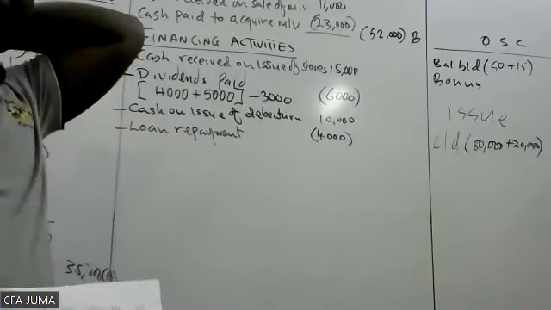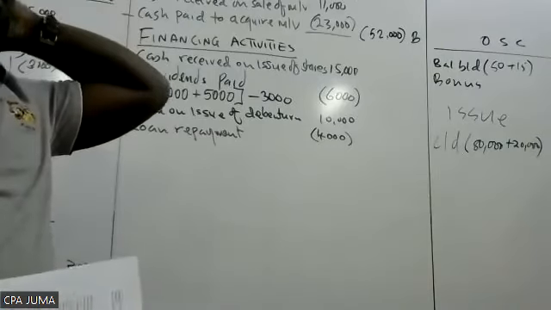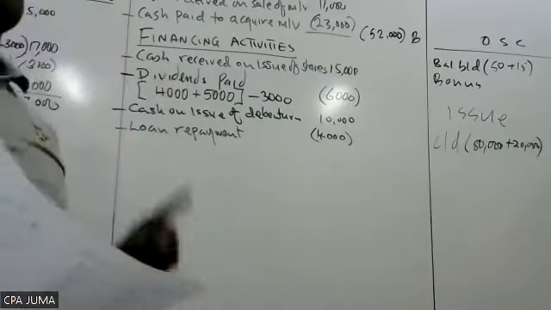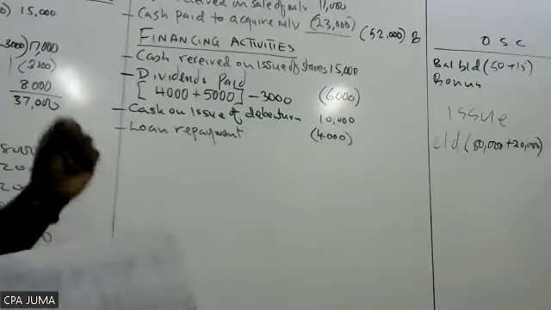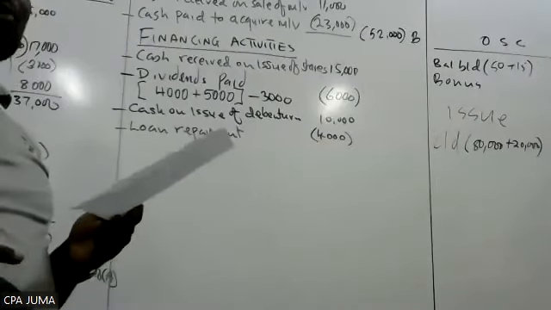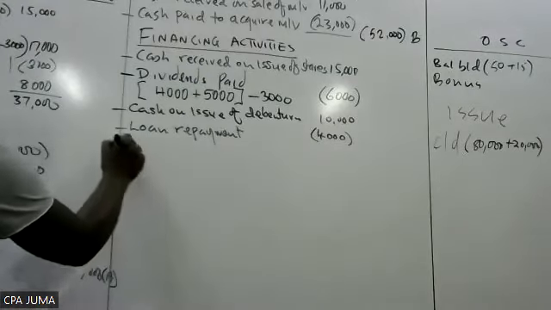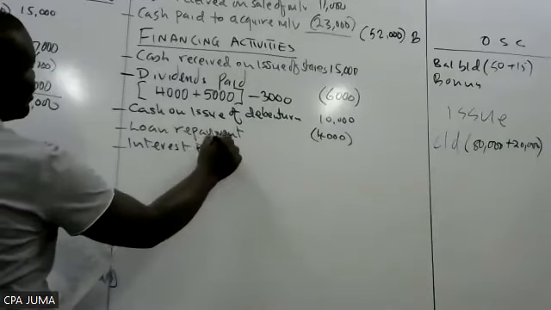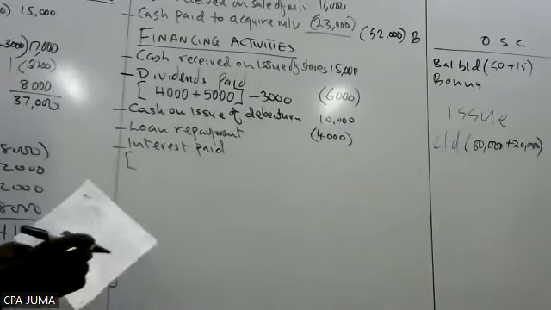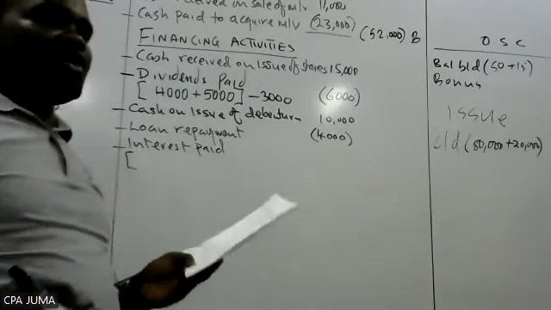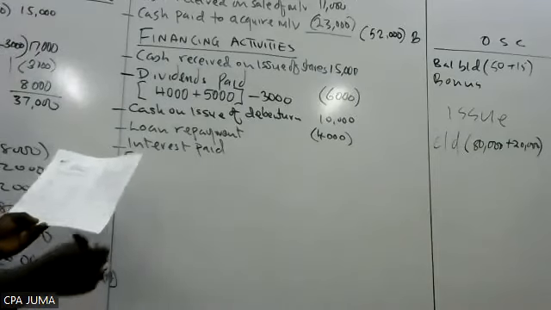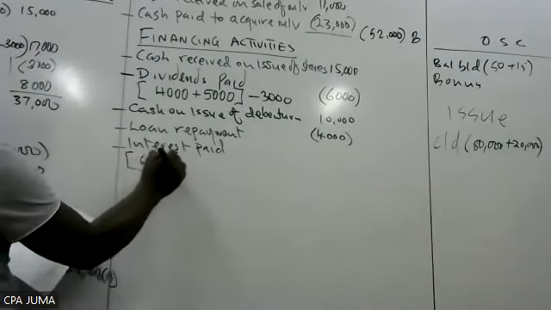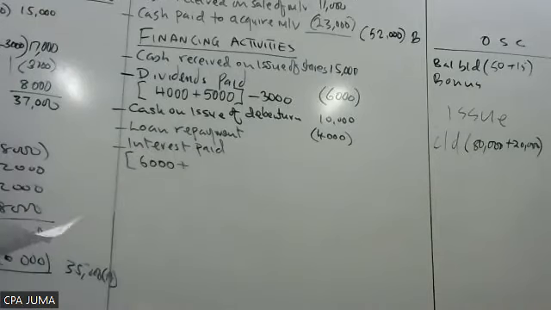When you finish, you look at interest. When you finish non-current liabilities and equity, check interest. Are you seeing interest? There is interest payable. So you come here and say interest paid. Payable at the beginning was how much? You know, payable means not yet paid. Under current liabilities, are you seeing 6? During the year, how much was charged?